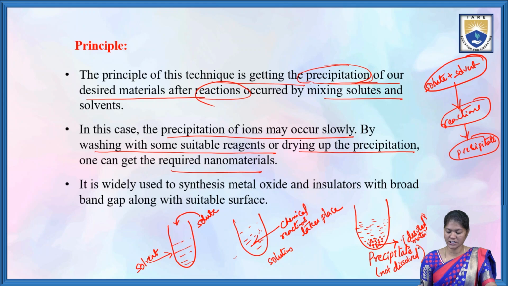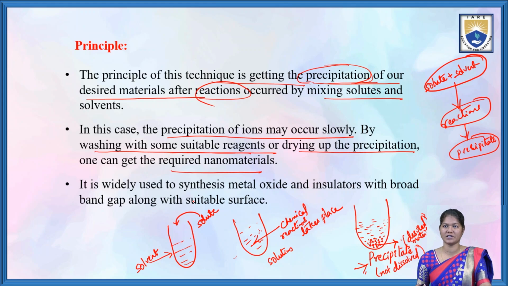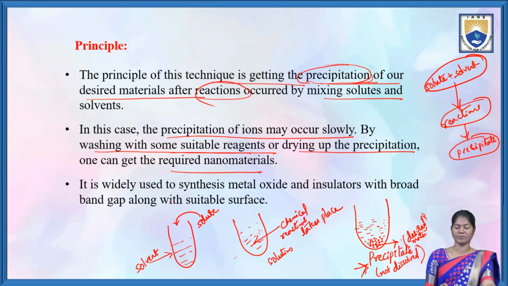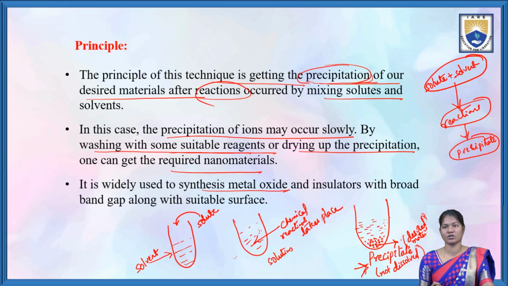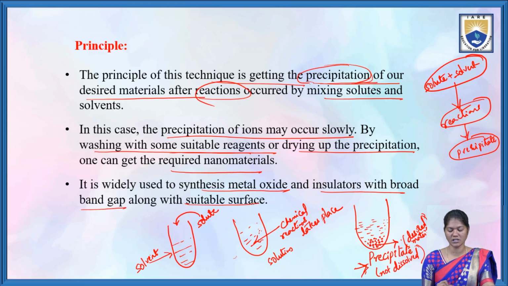After getting this precipitation, we wash it with suitable reagents, or else dry it up. Then we'll get the required nanomaterials. This method is widely used to synthesize metal oxides and insulators with broad band gap along with suitable surface.